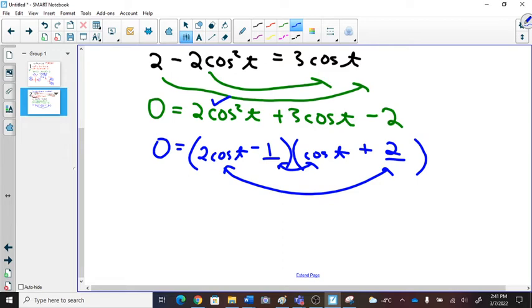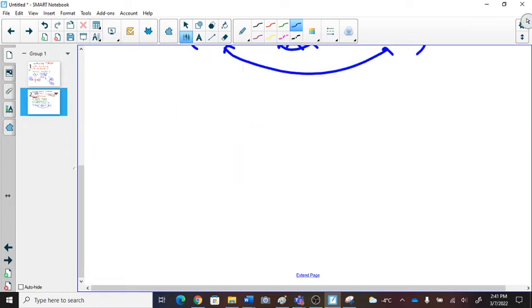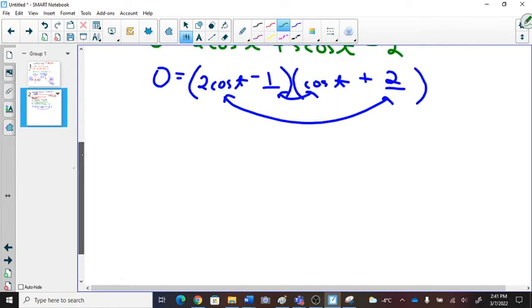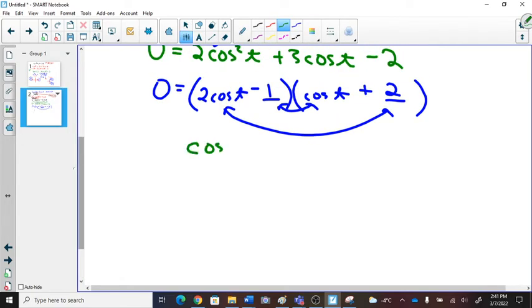Okay, next would be the trig values. So here cos t equals 1/2. And in this bracket, cos t equals -2.